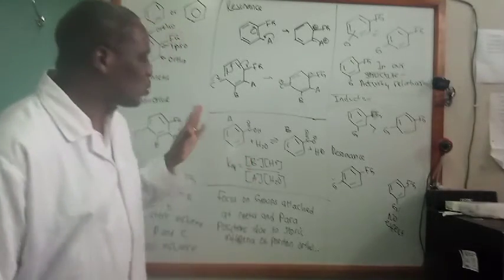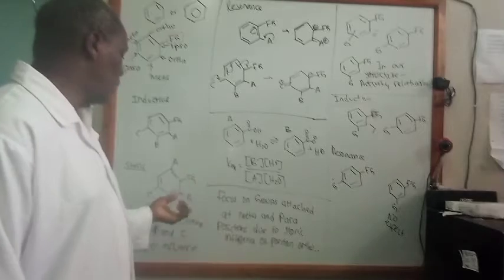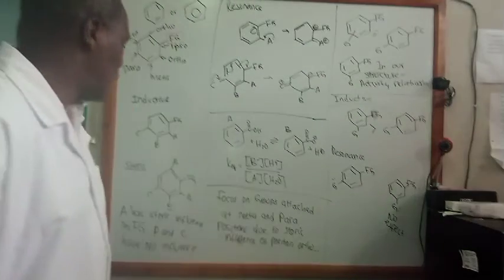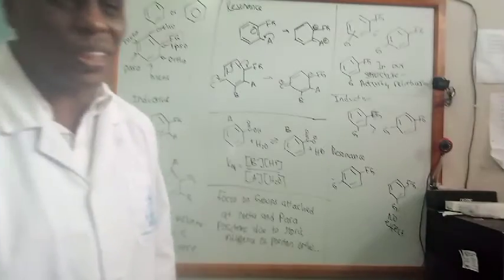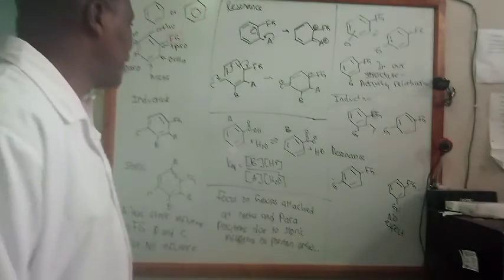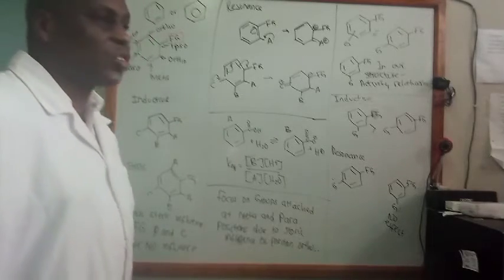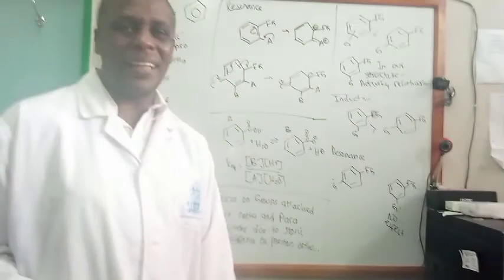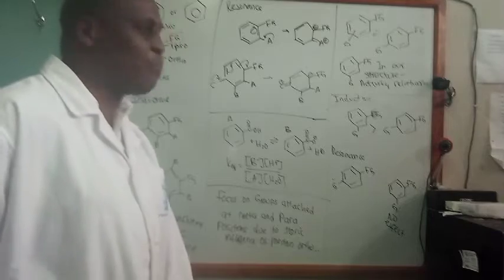So that's what made this scientist focus on the benzene group having groups at the meta and the para position only, and nothing in the ortho position. So in this case, he started by looking at the ionization of benzoic acid.